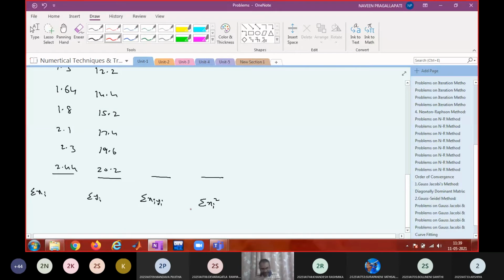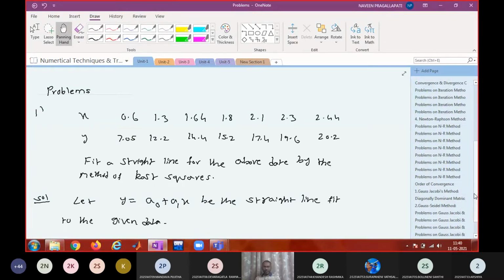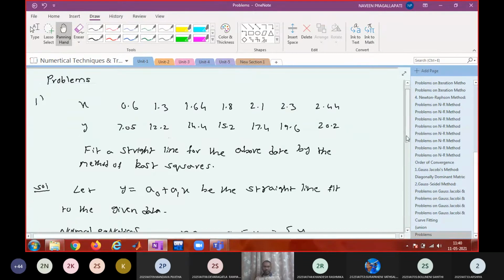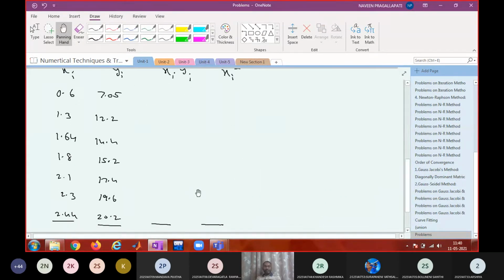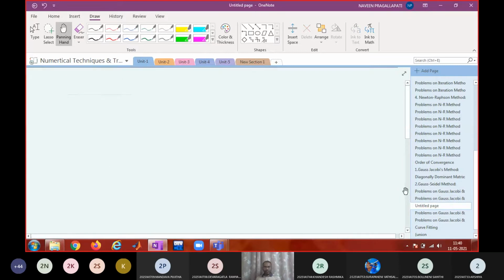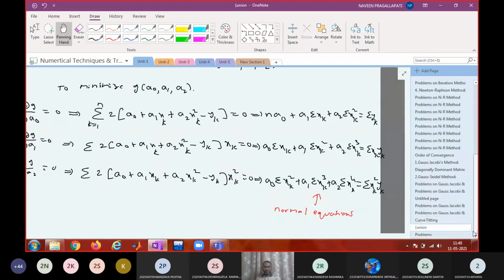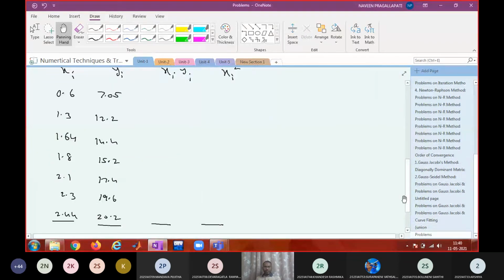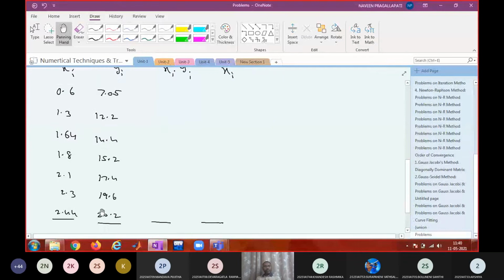So can you tell me the sigma values? Are you calculating? Can you tell me the values so I can copy?